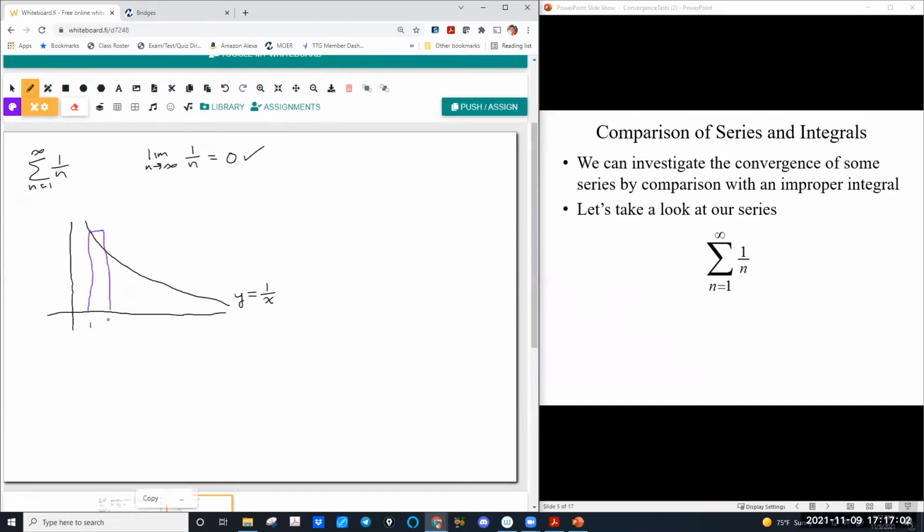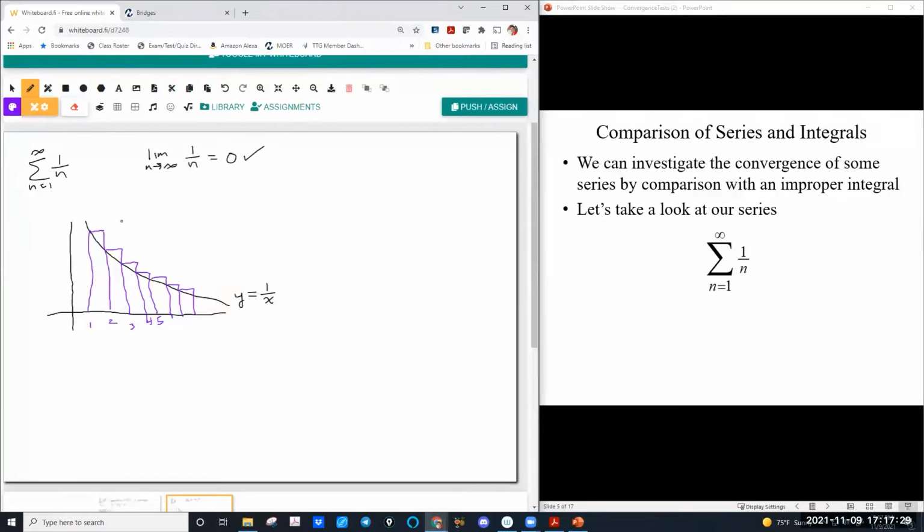Because if we let each of these spaces be 1, there's 3, there's 4, 5, so on and so forth, right? This is our right-hand rule, and we're letting our delta x be 1. There's a very specific reason we're doing this.